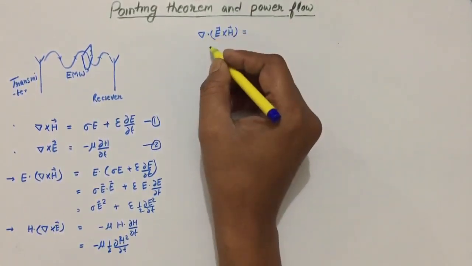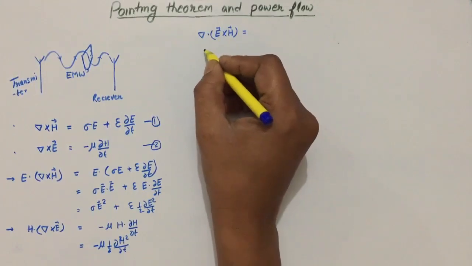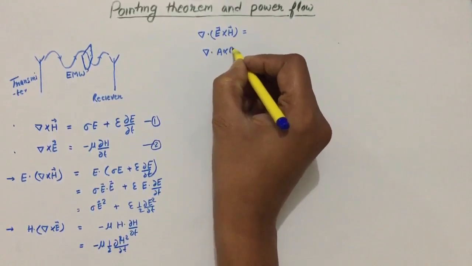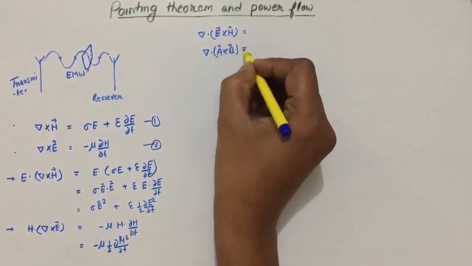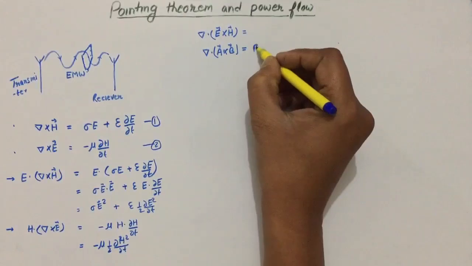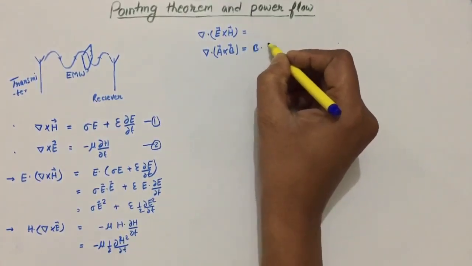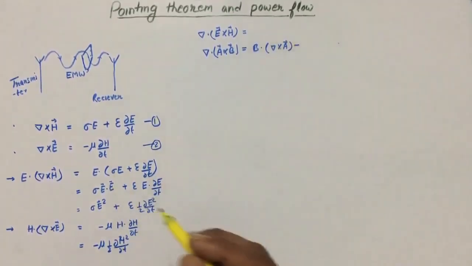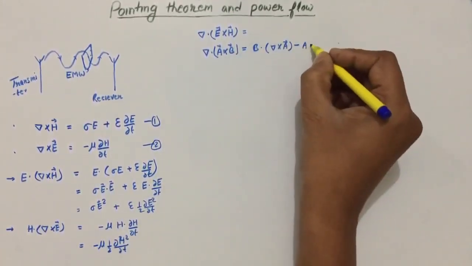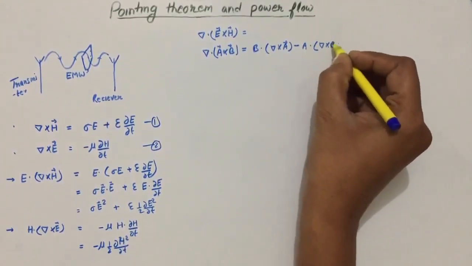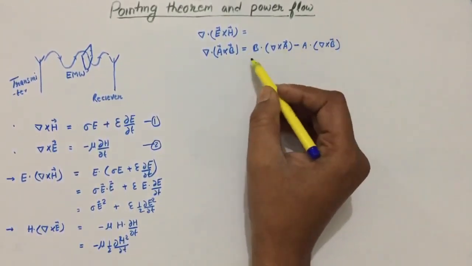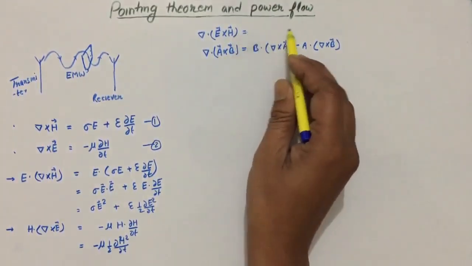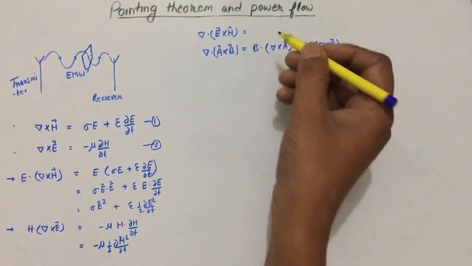For that purpose, let us take the help of the well-known identity, that is, if we have del dot A cross B, then we have the well-known relationship, that is B dot del cross A minus A dot del cross B. Following this, simply follow this to find the equality here.